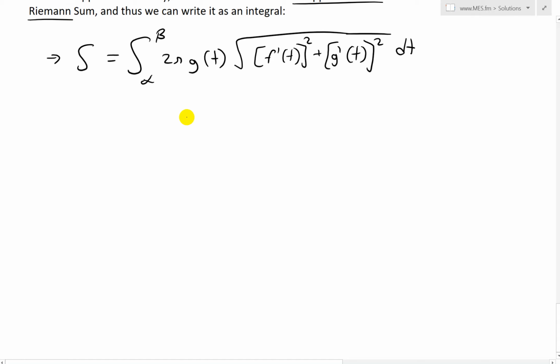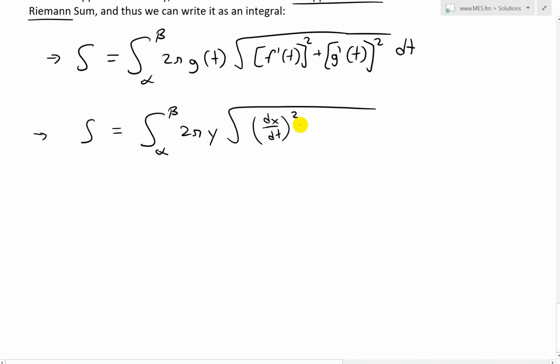And now if we write it in Leibniz notation, this equals what we're more accustomed to, the integral from alpha to beta of 2 pi, and then g of t is just our y, and now we have the derivative over t, so dx over dt squared, plus now this part is dy over dt squared, and then we have a dt like that.